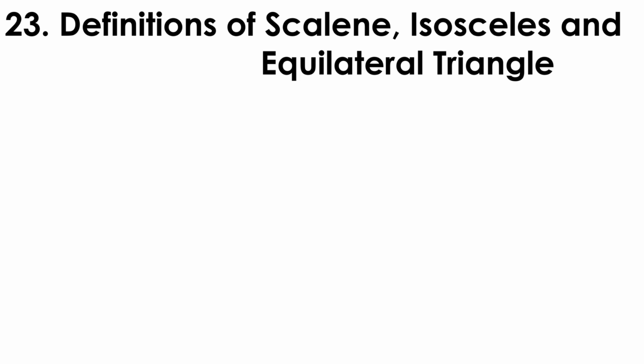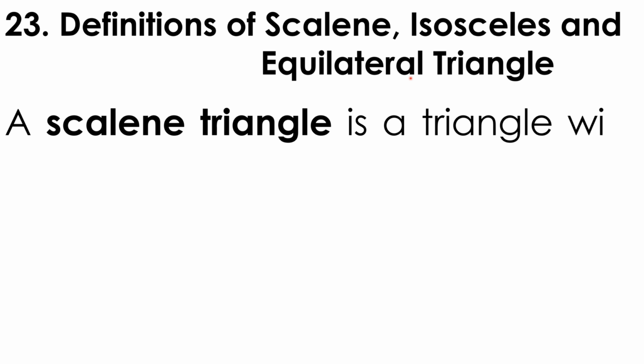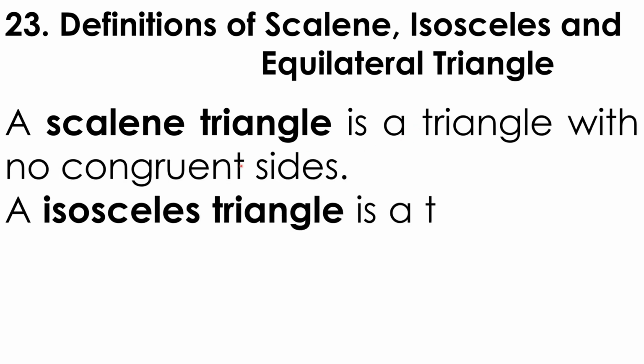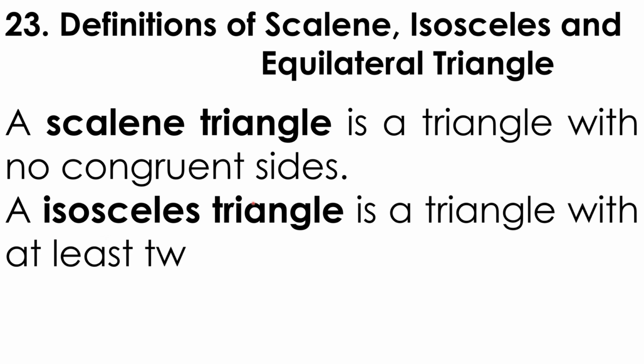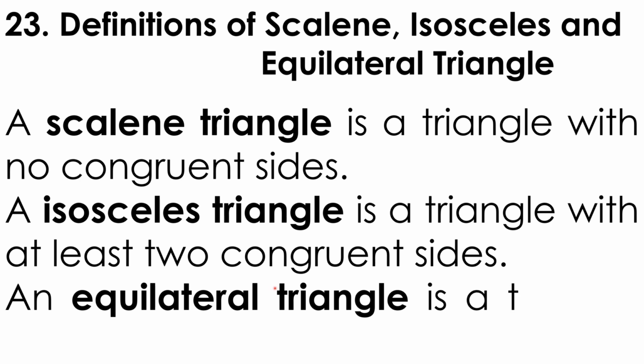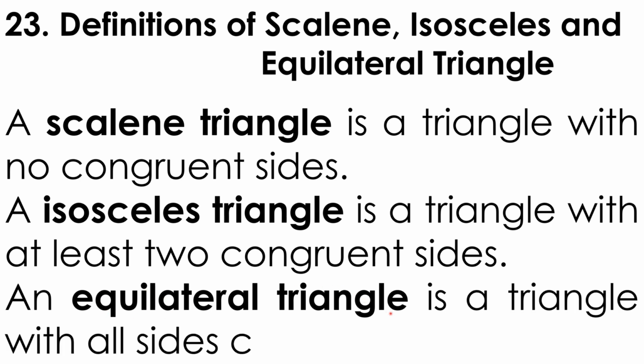Now let's proceed to the final definition that we have. Definitions of scalene, isosceles, and equilateral triangle. A scalene triangle is a triangle with no congruent sides. An isosceles triangle is a triangle with at least two congruent sides, and an equilateral triangle is a triangle with all sides congruent.